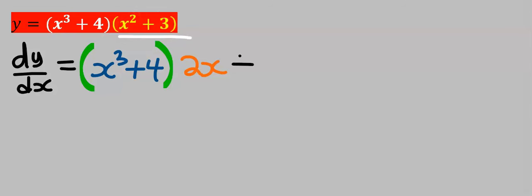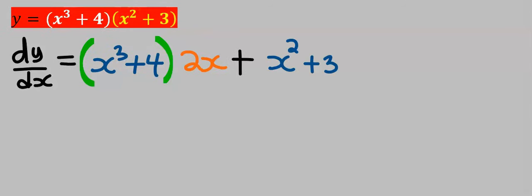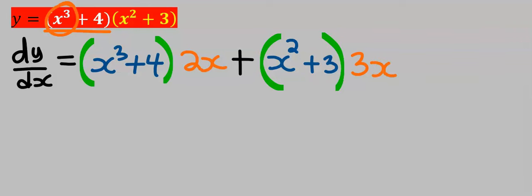Next, I will put a plus. Next, I'm going to keep this constant, and I'm going to differentiate this. Differentiating x to the power of 3, I'm going to have 3x squared. And differentiating 4, which is a constant, I'm going to get 0. However, I'm going to let the 0 out.